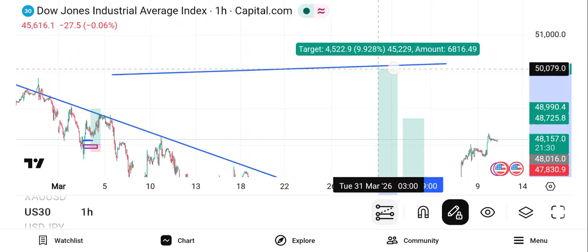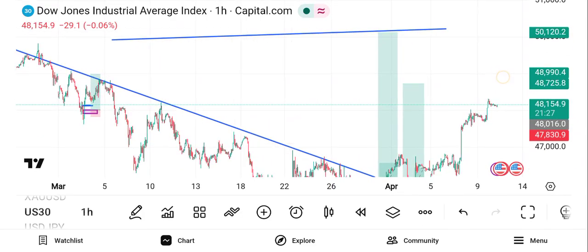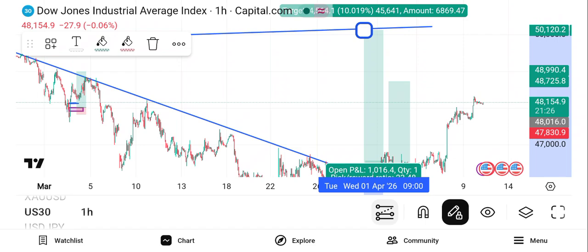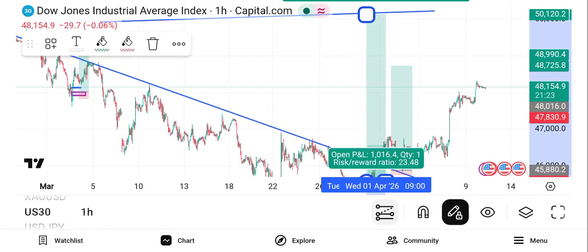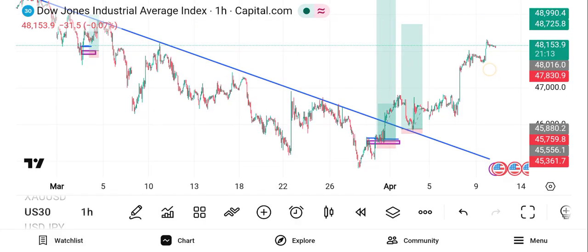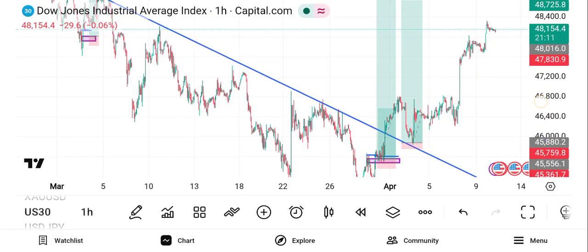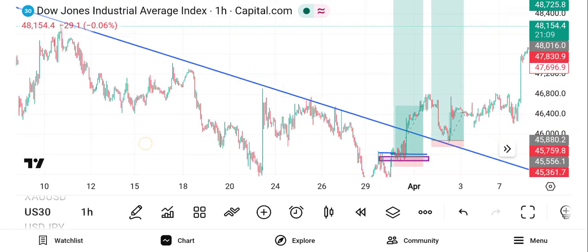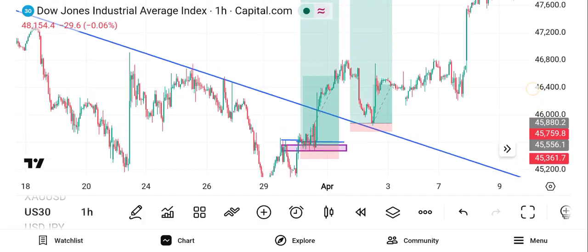You can extend your TP here, and this trade alone is going to give you a 1:23 ratio. This trade alone.